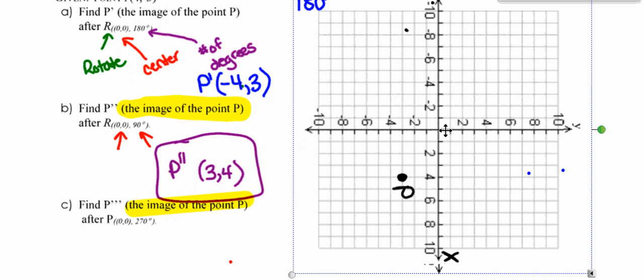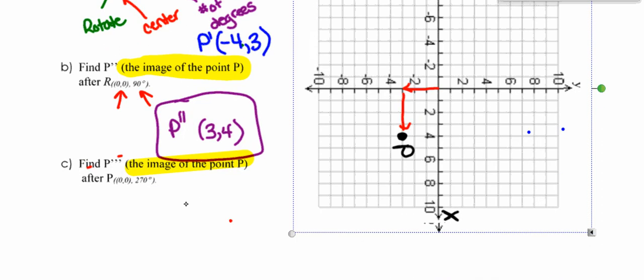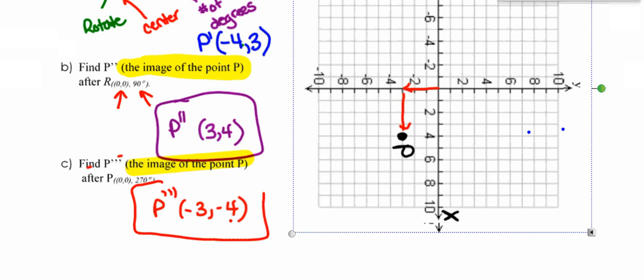So point P ended up 3 units to the left of the origin and 4 units down, and the point that lies 3 units to the left of the origin and 4 units down has coordinates (-3, -4), and in this case, that's going to be P triple prime. So the coordinates of P triple prime would be (-3, -4).